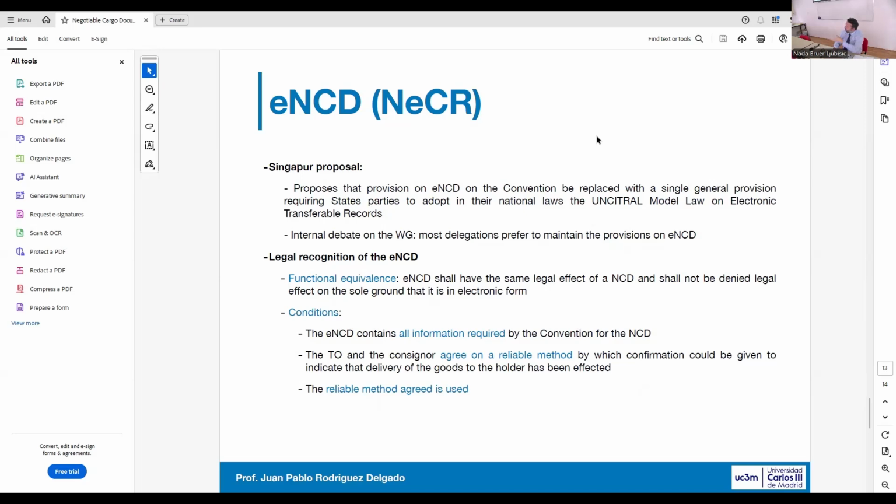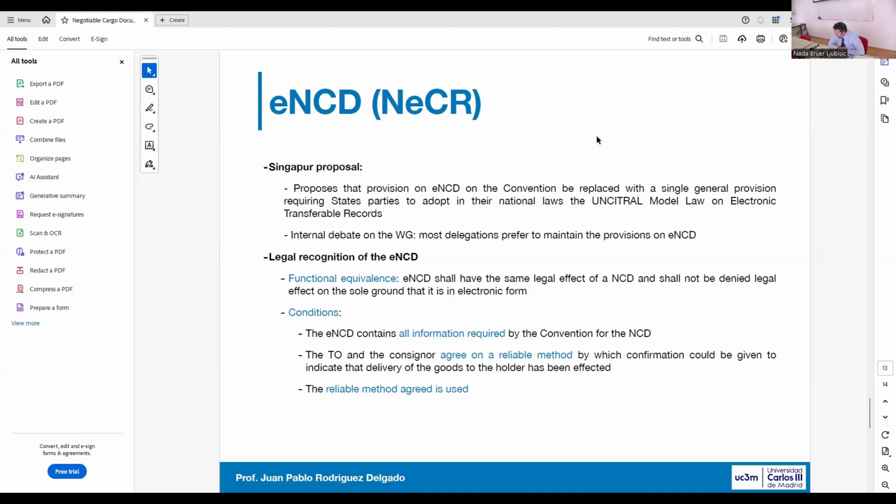So you can read the slides on the website, and obviously you can read the convention. It's quite interesting because the aim of this convention is quite important: to create a new function for the non-negotiable document. For me, the approach and the objective of the convention are quite interesting. I don't know if the result of the convention will be satisfactory for all.